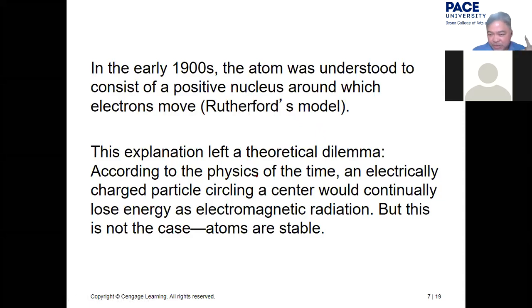According to the physics of the time, which is Newtonian physics, an electrically charged particle circling around a center would continually lose energy as electromagnetic radiation. But they found out that atoms are stable. So there's some sort of anomaly. Why is it behaving differently from what is expected?